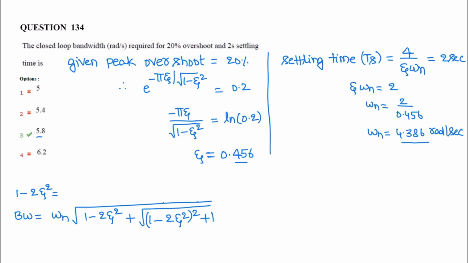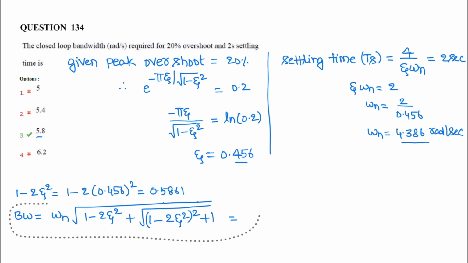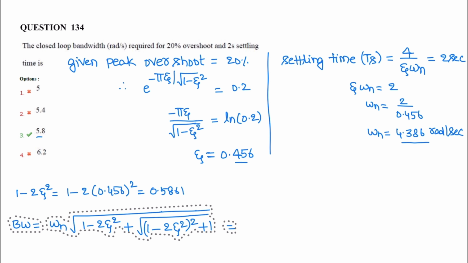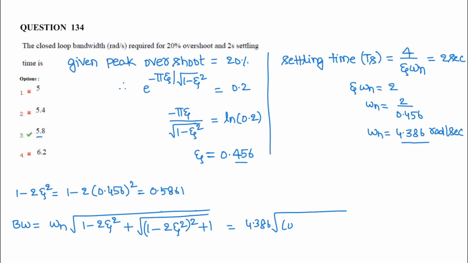Substitute zeta and omega n in the bandwidth formula. First calculate 1 minus 2 zeta square: 1 minus 2 times 0.456 whole square, its value is 0.586. Now the bandwidth is omega n, 4.386, times under root of 1 minus 2 zeta square, which is 0.5861, plus under root of 0.5861 whole square plus 1.